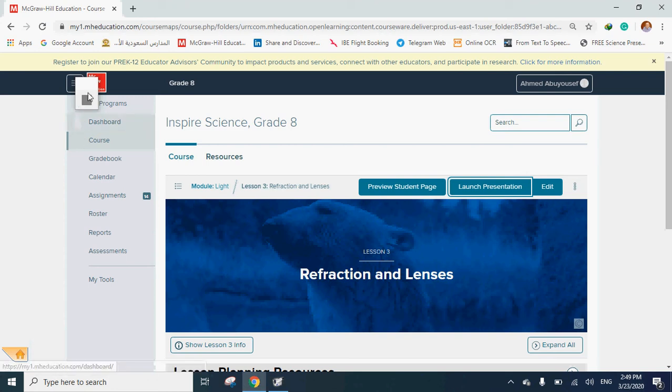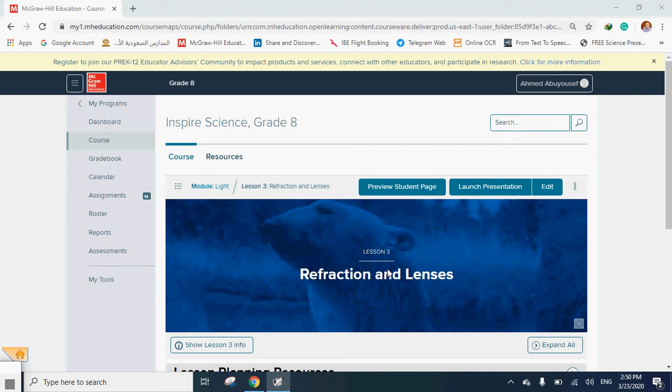Good morning, grade 8. Now, inshallah, we are going to study the third lesson in the light module, which is called Refraction and Lenses. We studied before that light has different properties: number one, light travels in a straight line; number two, light reflection, that we studied in the last lesson.